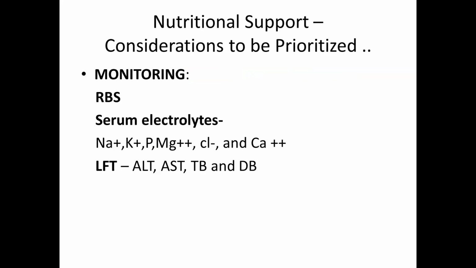So again, monitoring random blood sugar, serum electrolytes, liver function test, renal function test. And if you have TPN, then you have to also check for risk of hyperglycemia and hypertriglyceridemia. These should also be looked into. The status of the liver, cholestasis can develop, and gallbladder changes can also be included.